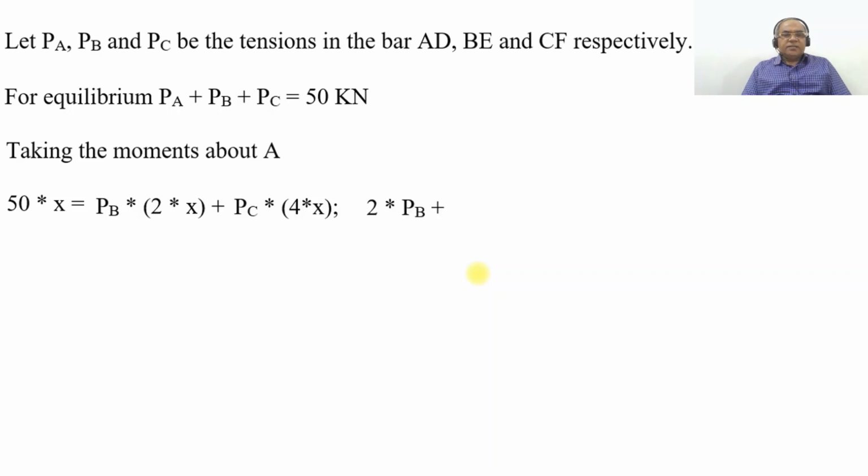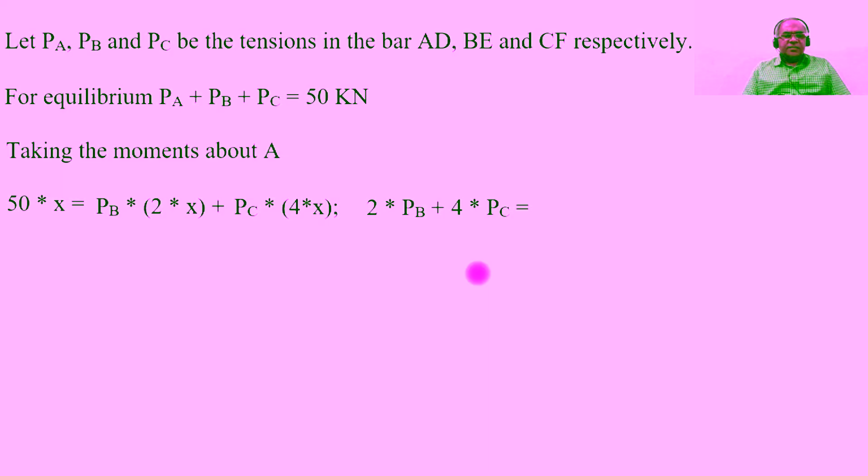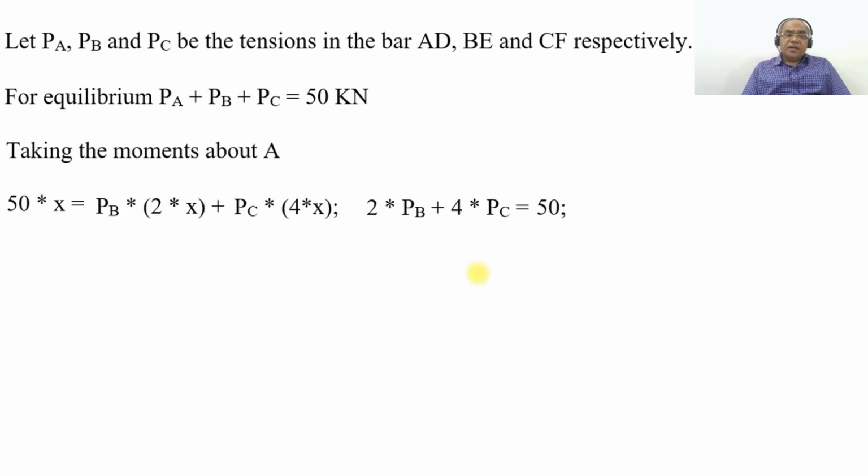On simplification, you get 2 times PB plus 4 times PC equal to 50, because x is common on both the left hand side and the right hand side, so x will automatically get cancelled. So 2 PB plus 4 PC is equal to 50. On further simplification, PB plus 2 PC will be equal to 25.